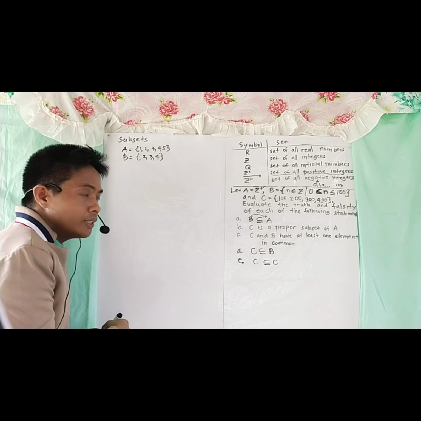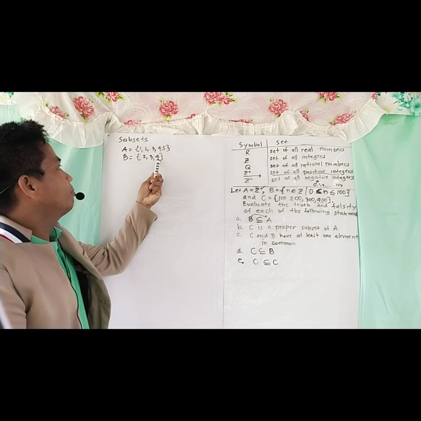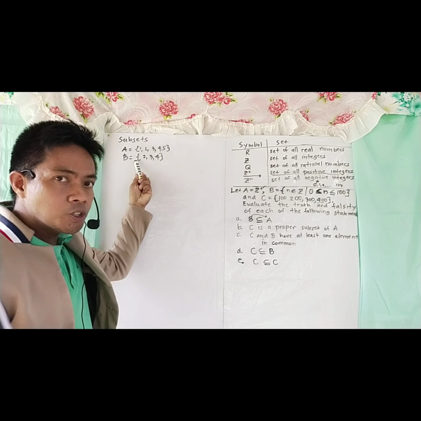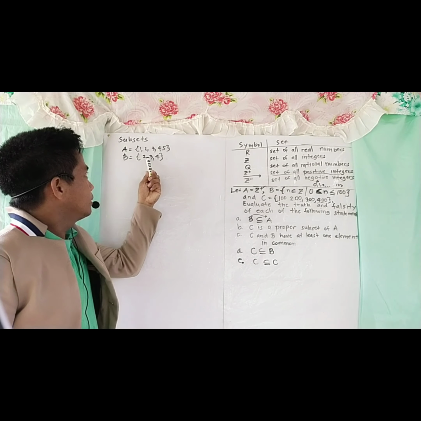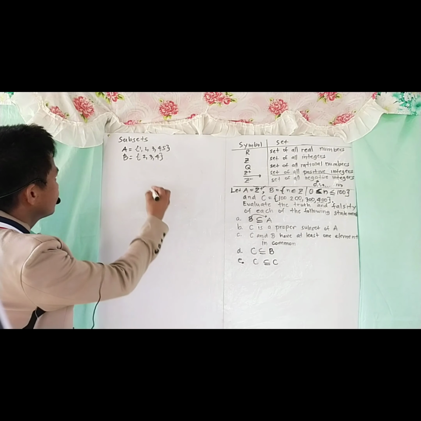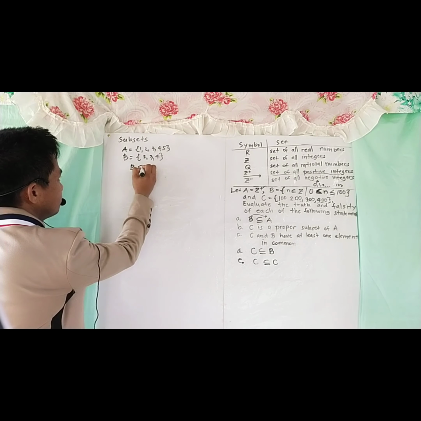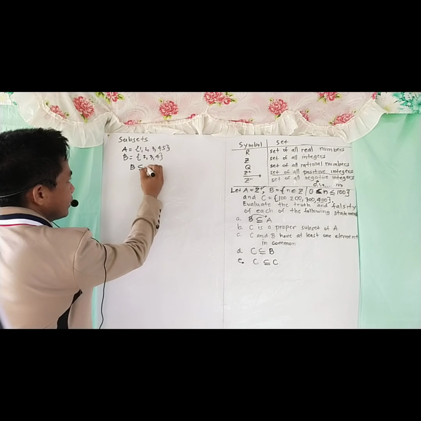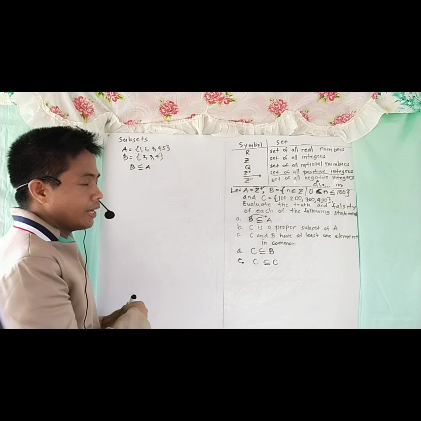As you can see here, the members of set B are also members of set A. So we can say now that B is a subset of A.